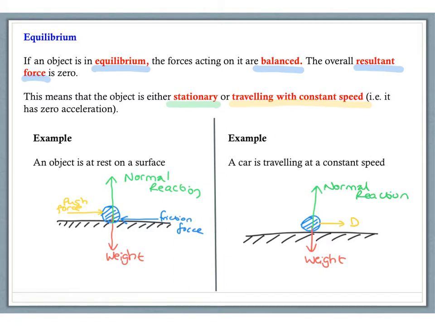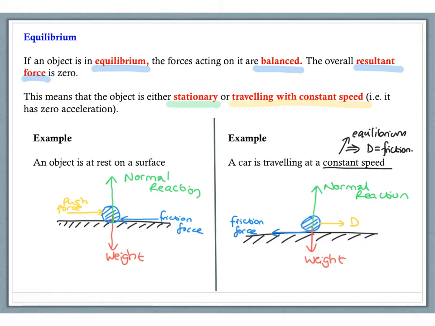Now, because the car is travelling at a constant speed, we know that this driving force must be equal to the resistance force or the frictional force working against the driving force, opposing the movement of the car. So, as the car is travelling at a constant speed, we know it's in equilibrium. So this tells us that horizontally, the driving force must be equal to the frictional force.